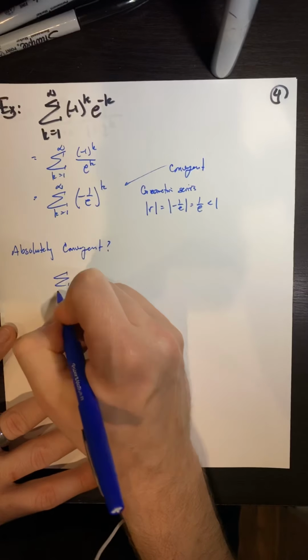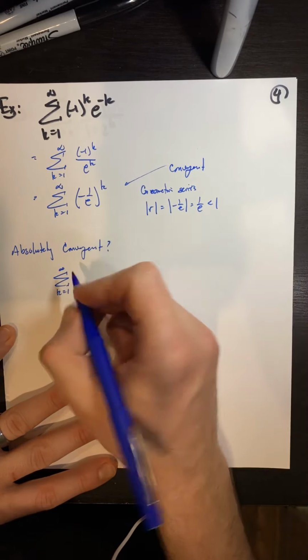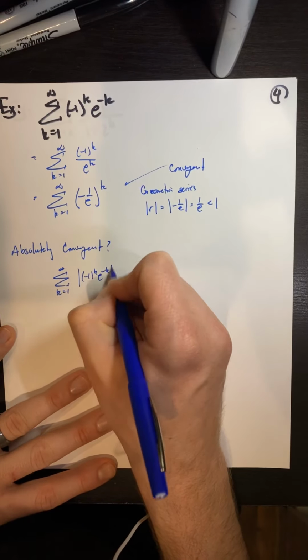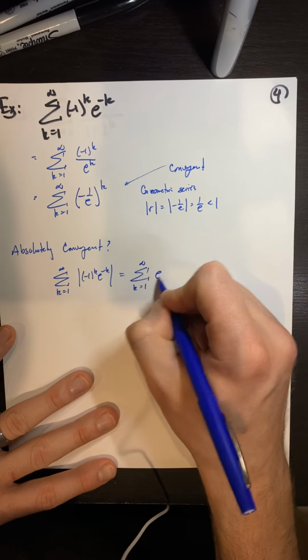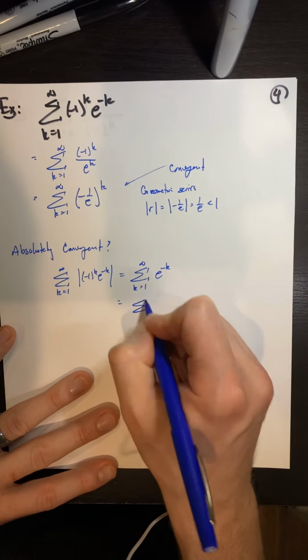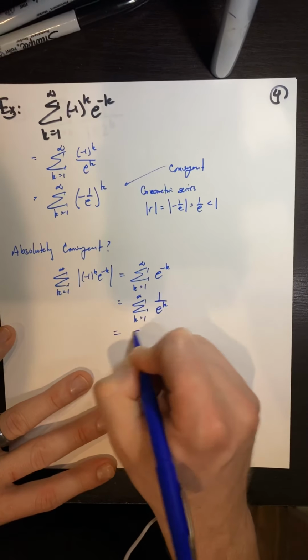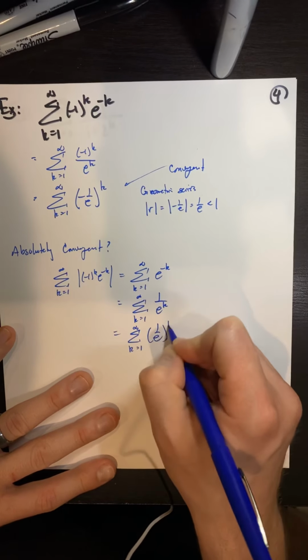Again, I would just take this thing, k equals 1 to infinity, and do the absolute value. I'm just left with the series k equals 1 to infinity of e to the negative k. And we know that this can also, like we just did, be written as 1 over e to the k. And so I can write this series as 1 over e all to the k.